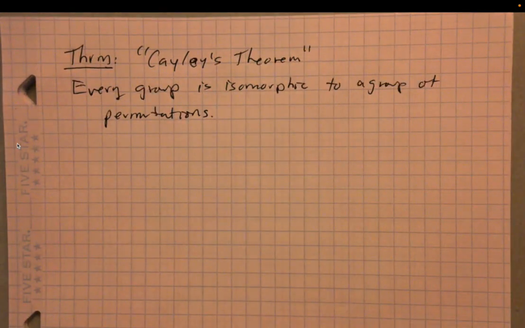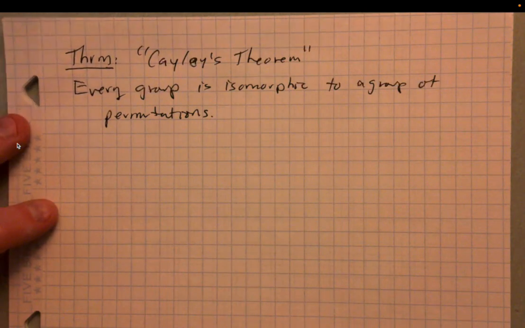Every group, right? No finite, infinite. Every single group is isomorphic to a group of permutations. Okay, that's kind of a big statement. It seems to be a big statement.